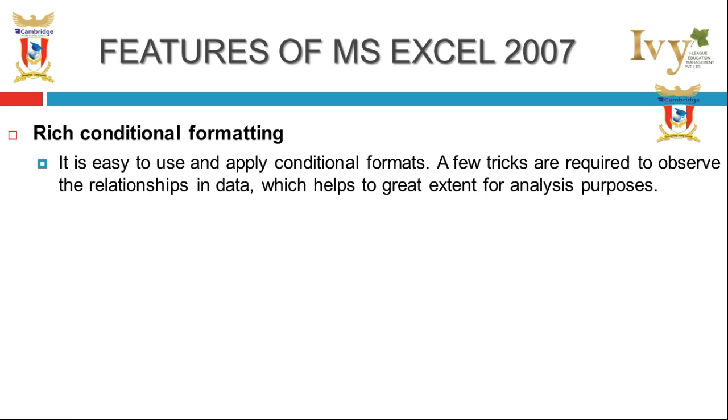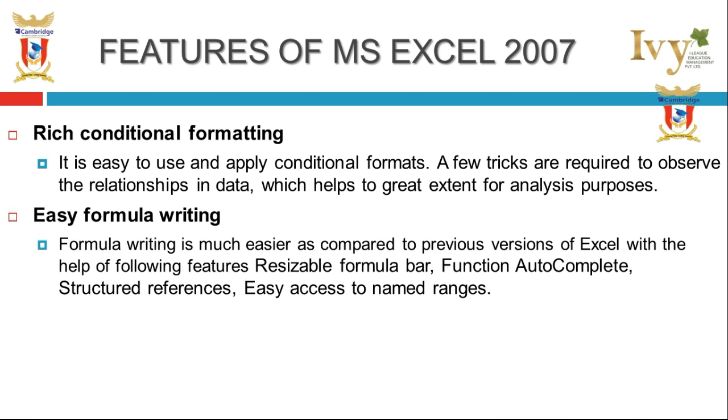Conditional formatting means you format the data on the basis of a given condition. Let's suppose I want to display the result in red color if the marks are less than 50%, and green color if the marks are greater than 50%. That means we can apply formatting on the basis of a given condition.